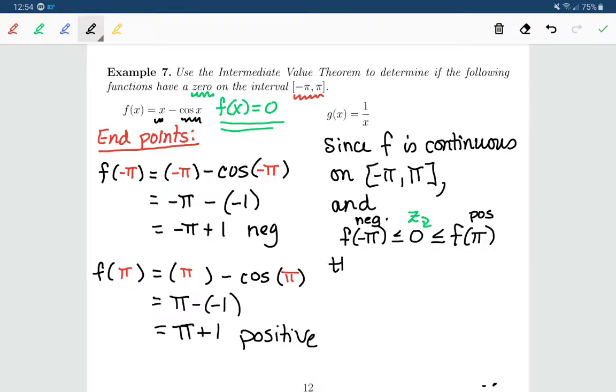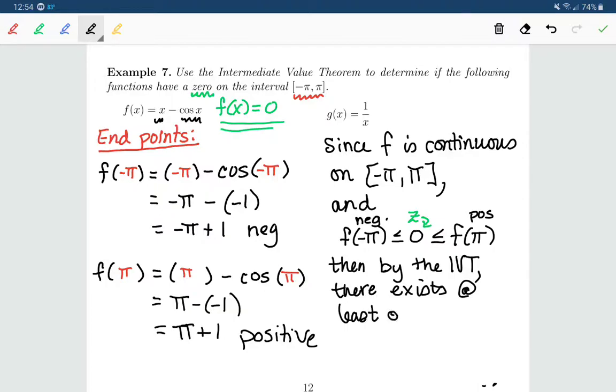Then, by the intermediate value theorem, which we just abbreviate IVT, there exists at least one c in a to b such that if you take the function and evaluate it at c, you will get 0.